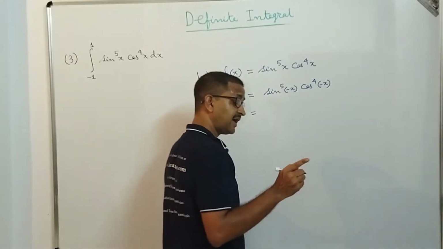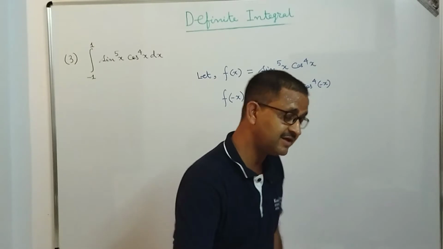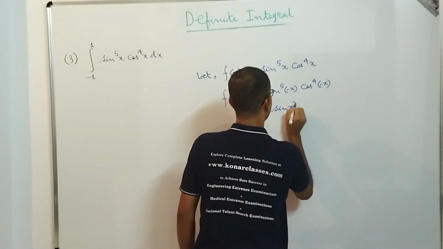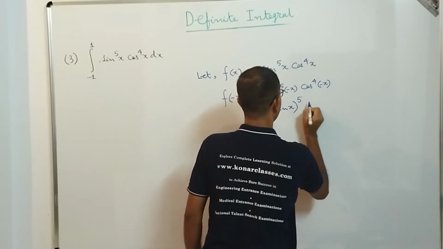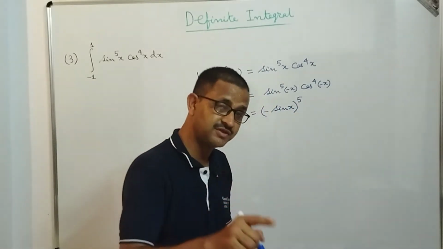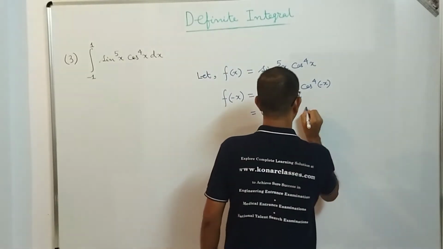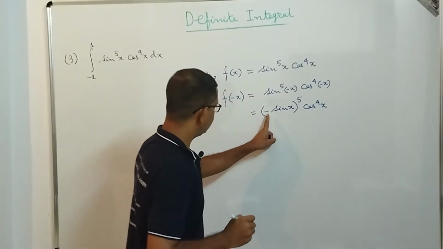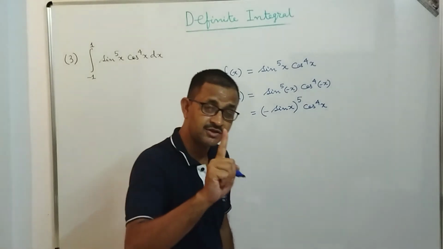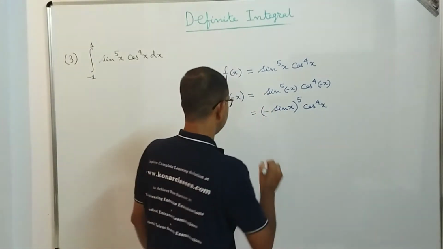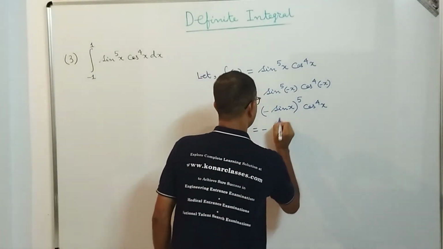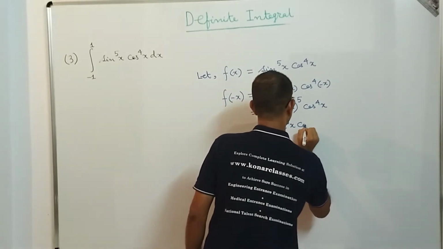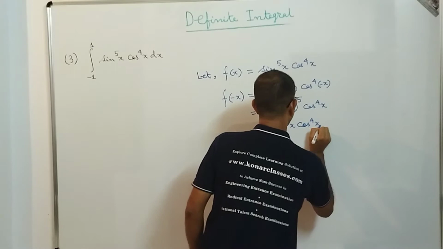So we know sine of minus x equals minus sine x. So then what we get? Minus sine x power 5, and cos of minus x is cos x, so cos to the power 4 of minus x becomes cos to the power 4x. Now minus 1 power 5 is minus 1. So that means we get minus of sine to the power 5x into cos to the power 4x.